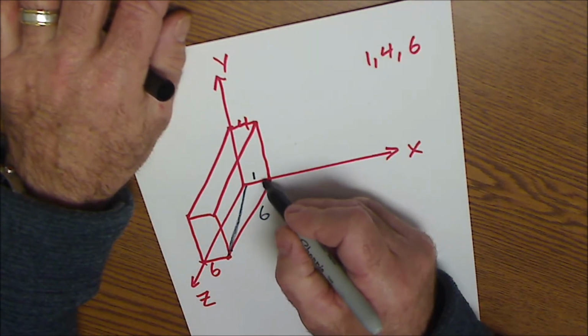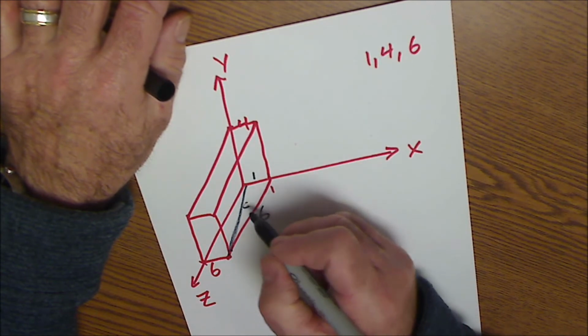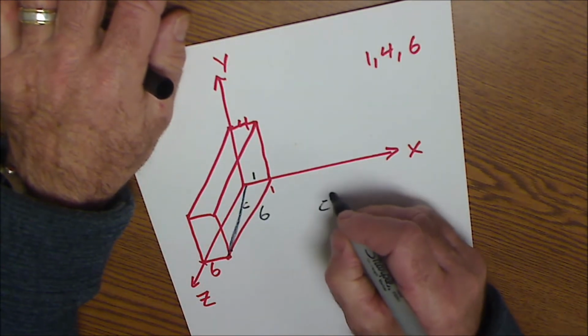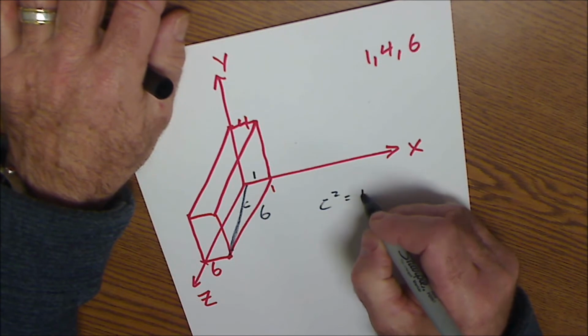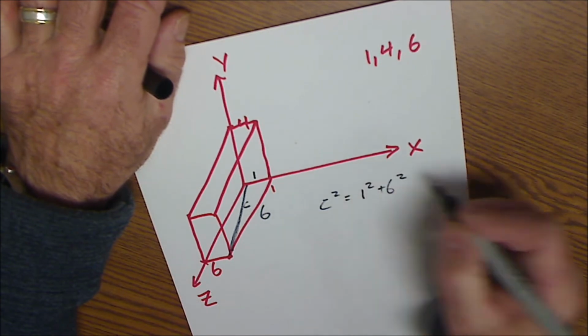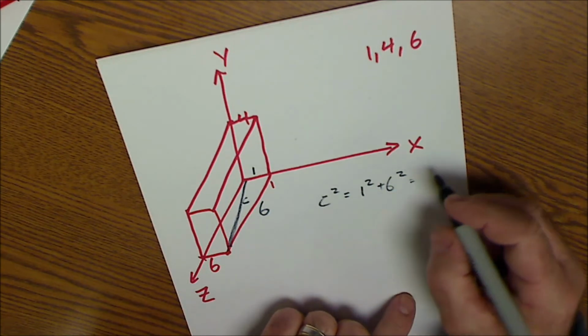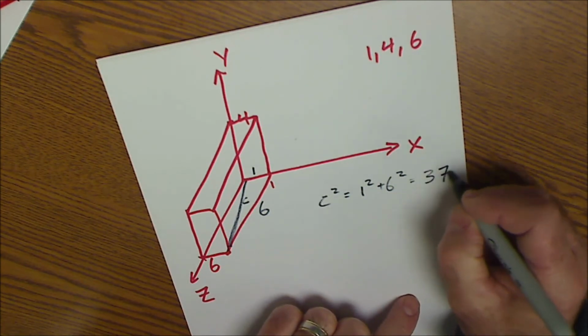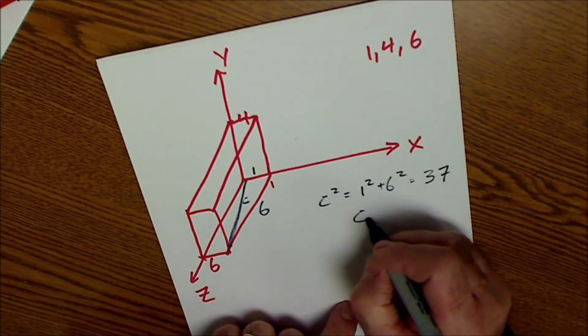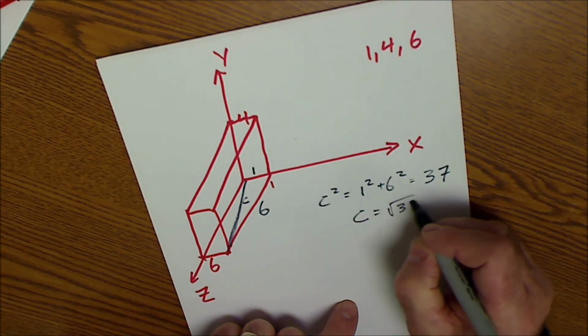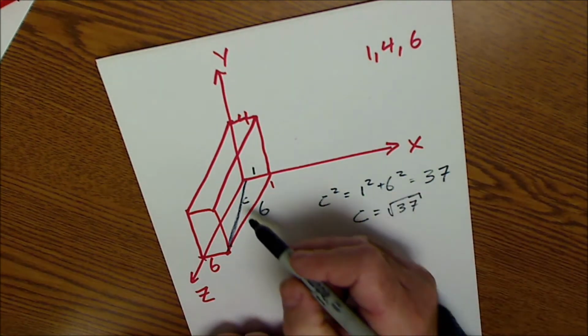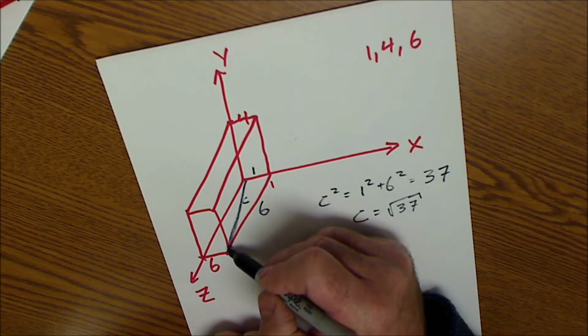This is a right triangle, so this thing right there, c squared, is equal to 1 squared plus 6 squared, or 1 plus 36, 37. Square root of both sides, c is equal to square root of 37. So the length of this is square root of 37.